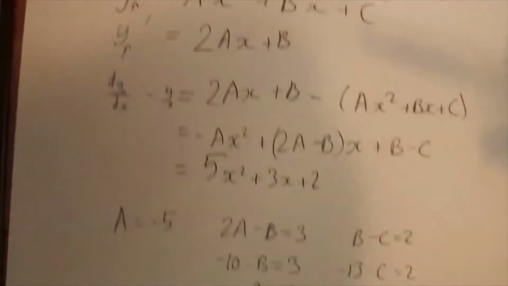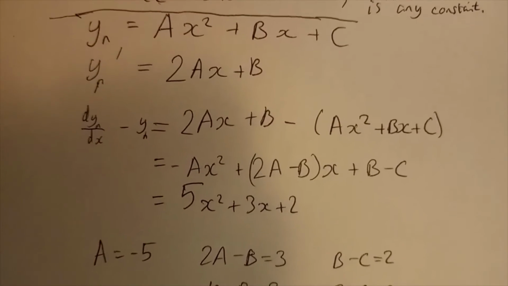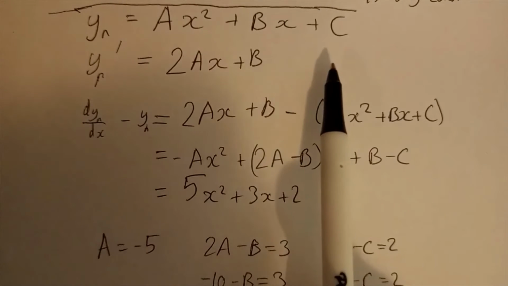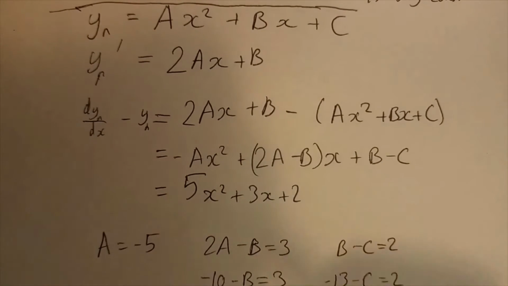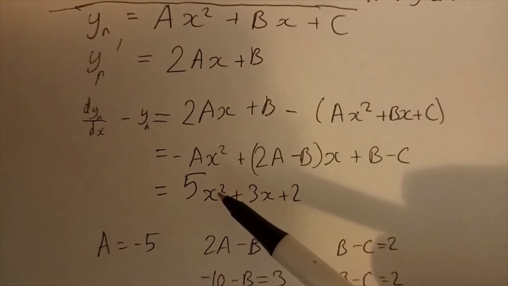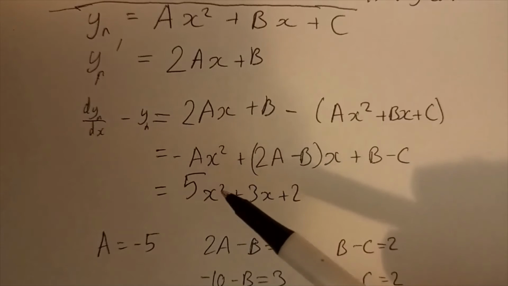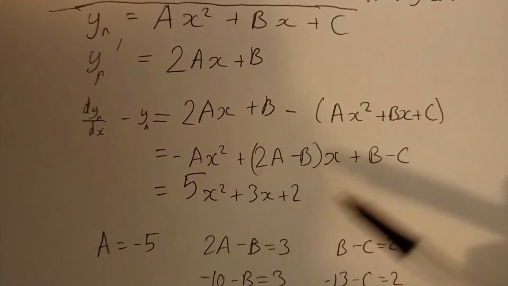So this is another technique for finding particular solutions. Set a trial solution of appropriate form, substitute it in, and then you match the coefficients of the respective terms, so the x squared terms, and in this case the x terms, and the constants.